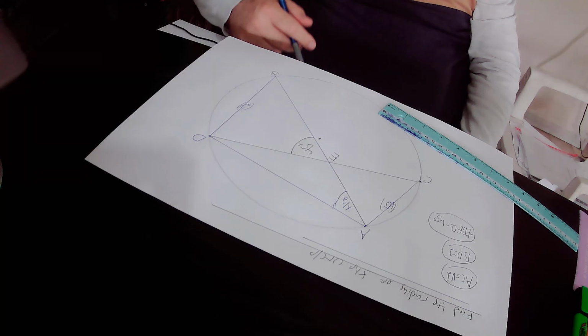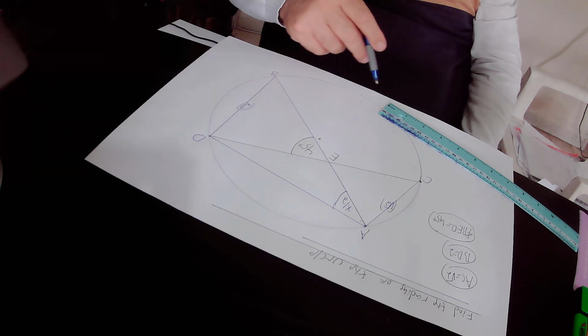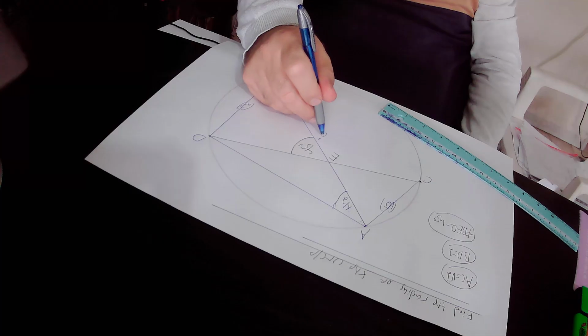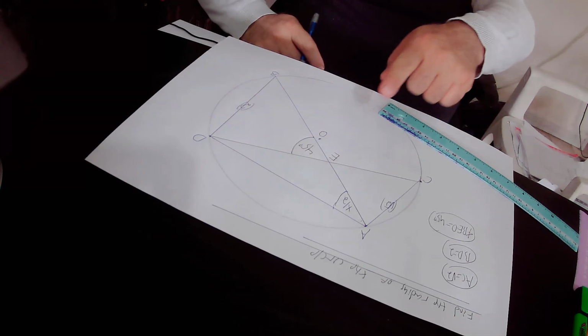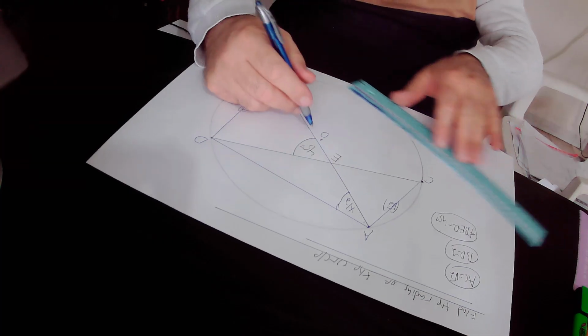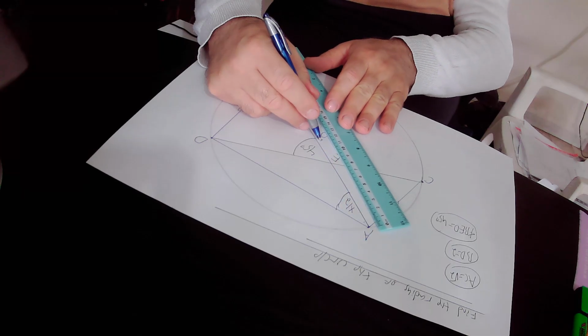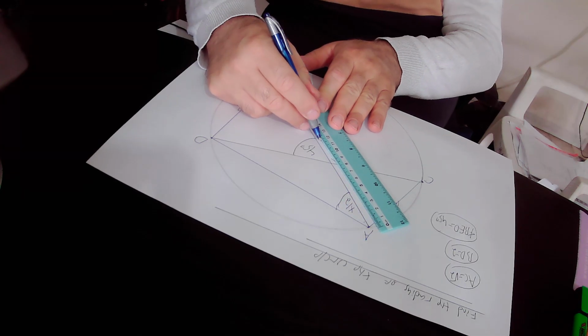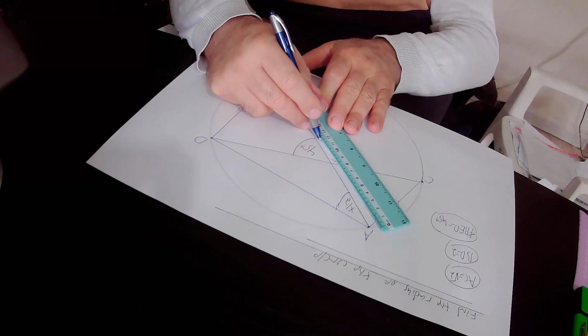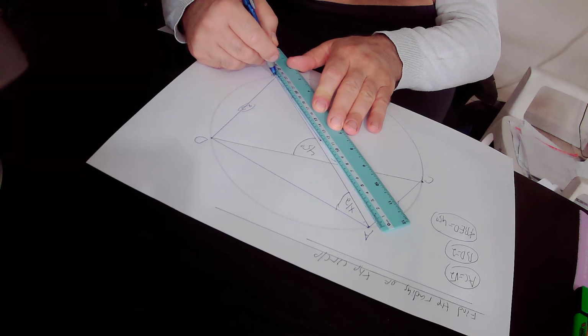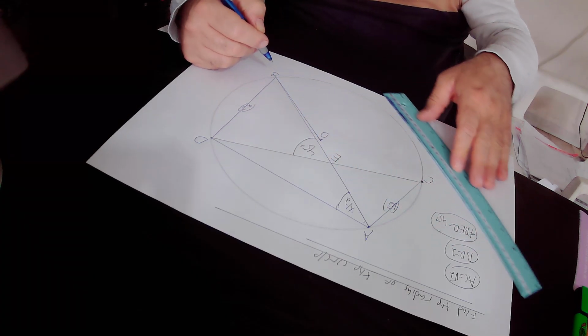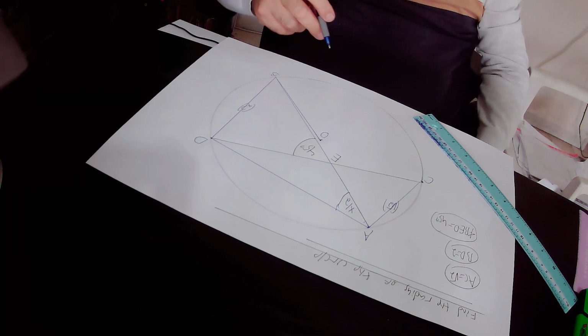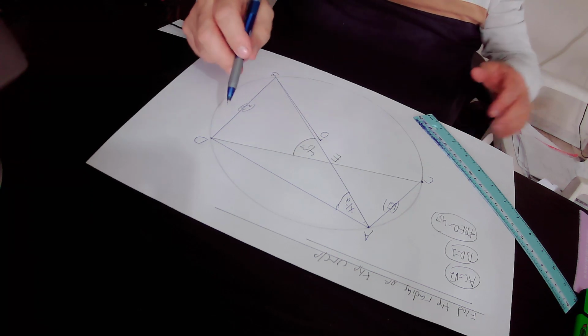The next step, we define the center of this circle. This point is point O. We join points O and B together by a straight line. We join points O and D together by a straight line.